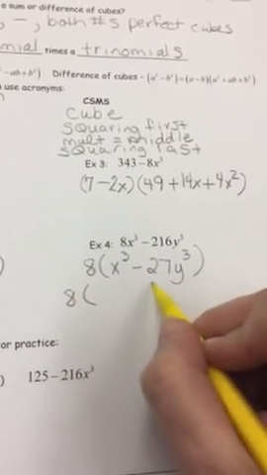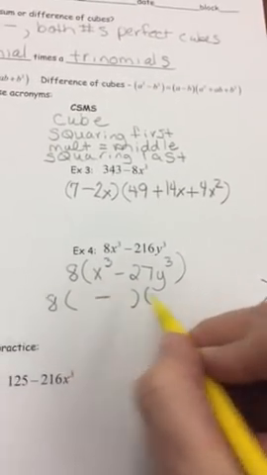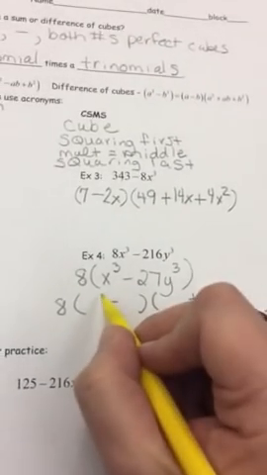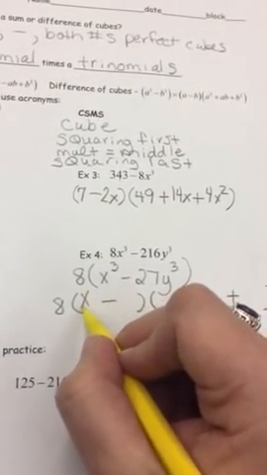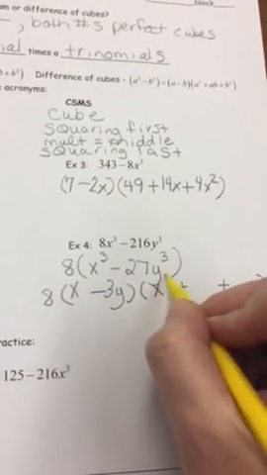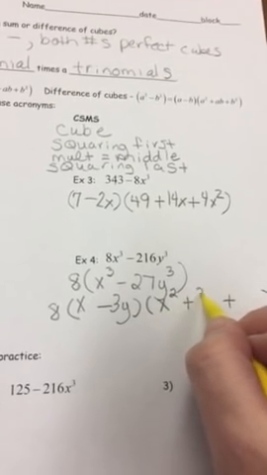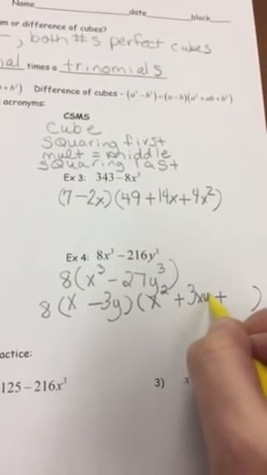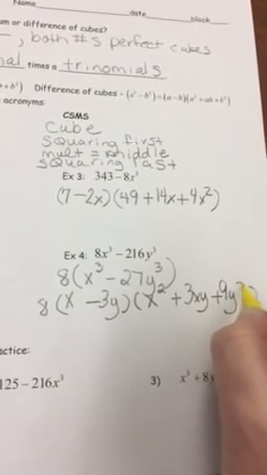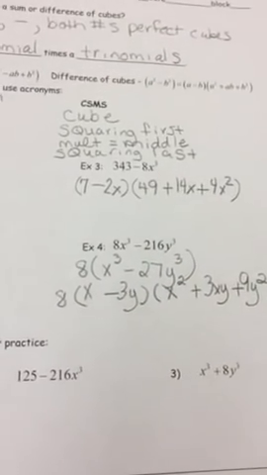So that's going to go into, there's the binomial, there's the trinomial, same, opposite of original, always a plus, and then I'm going to take the cube root and get x minus 3y. Square him, multiply those two. Don't worry about your signs, you've already taken care of those. And then square this. And that's it, done. He'd be a tough one to check on the calculator, too many variables.